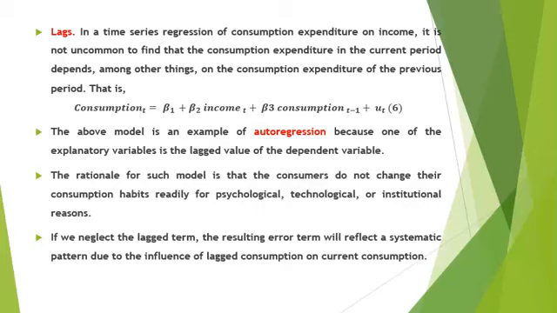Therefore, past purchases of a durable good reduce the demand for durable goods during the current period, because we already have a stock of it, and past purchases of non-durable goods may increase the demand for that good because we have already made a habit of using it. Now return to our example. If we neglect the lagged term, that is consumption of the previous period, the resulting error term will reflect a systematic pattern due to the influence of lagged consumption on current consumption. Therefore, autocorrelation is inevitable.